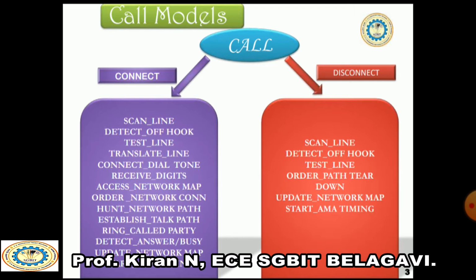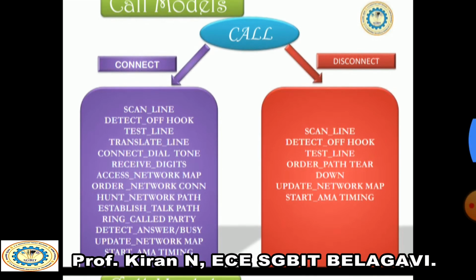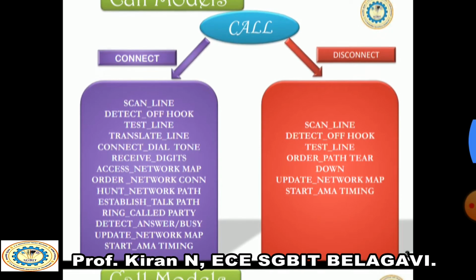Then if the subscriber on the B side wants to disconnect the line, he can go on hook, and then the line gets disconnected by tearing the path down. So like this we connect and disconnect the call between two different subscribers, that is subscriber A and subscriber B.